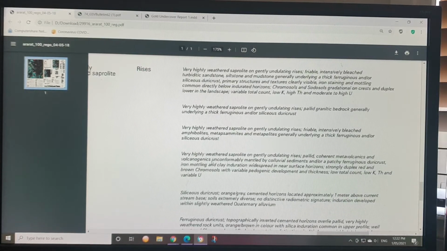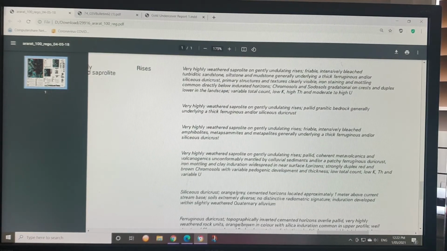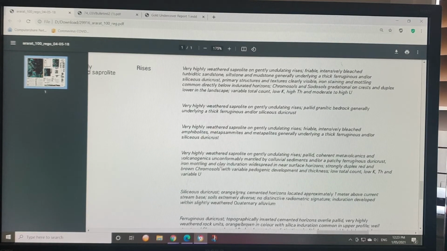Metavolcanics, volcanogenic, unconformably mantled by colluvial sediments. This is the first time I've actually seen a regolith map, so a lot of this information is new and I'm not too sure what they're talking about. I know highly weathered saprolite, yeah.